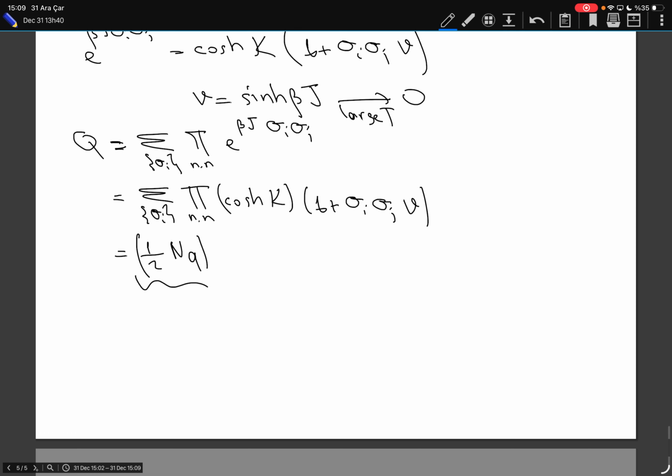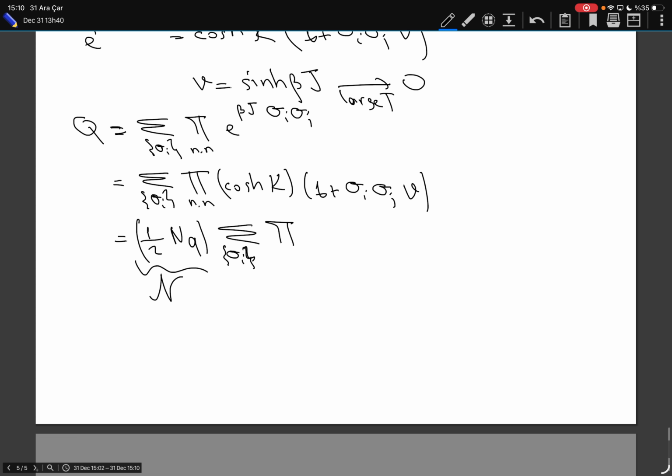So this is equal to 1 over 2 n times q. Well, in your book, it shows it with this curly n. And then I have the sum over these things of the product over the nearest neighbors of 1 plus sigma i sigma j v.